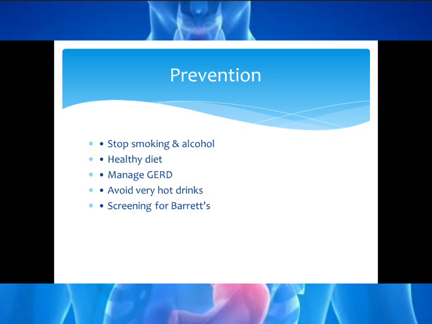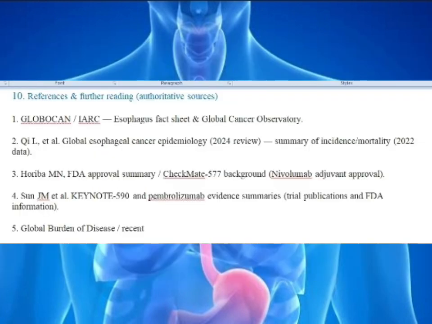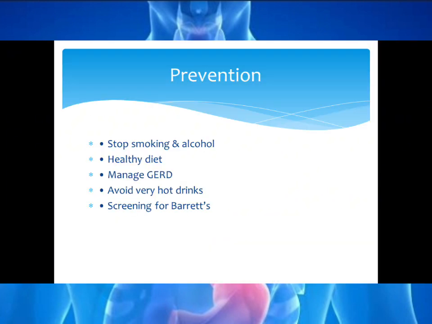And secondary prevention or early detection: surveillance endoscopy for high-risk patients with Barrett's esophagus, with regular surveillance endoscopy and biopsies per guidelines to detect dysplasia or early adenocarcinoma. Public awareness about progressive dysphagia and early health-seeking behavior in high-incidence regions.